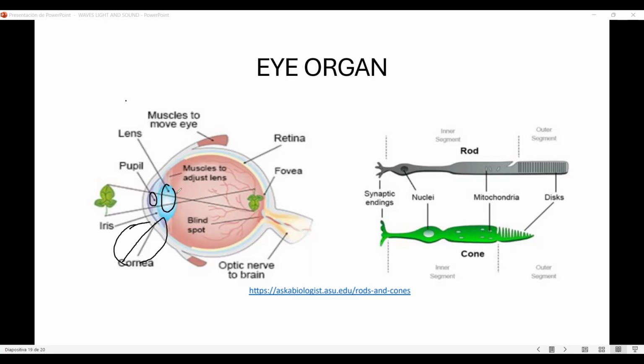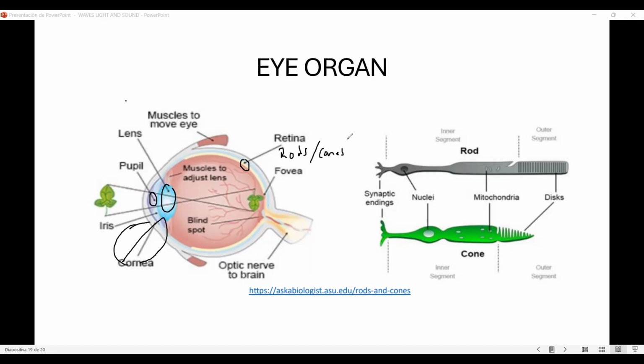All right, as you can observe in the structure, we have the retina. The light will finally reach the retina, a layer that consists of specialized cells called rods and cones.